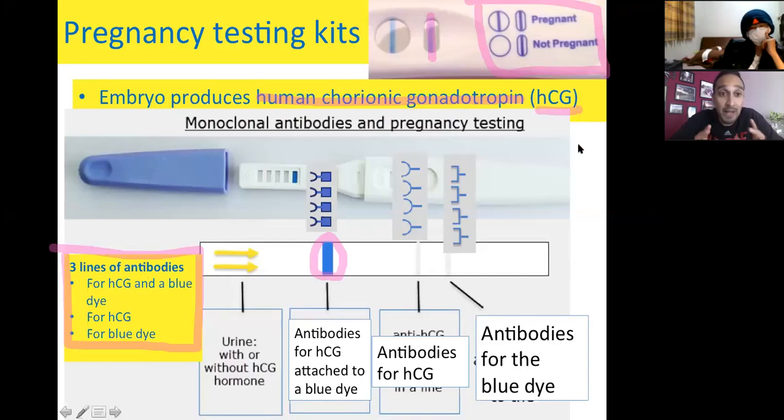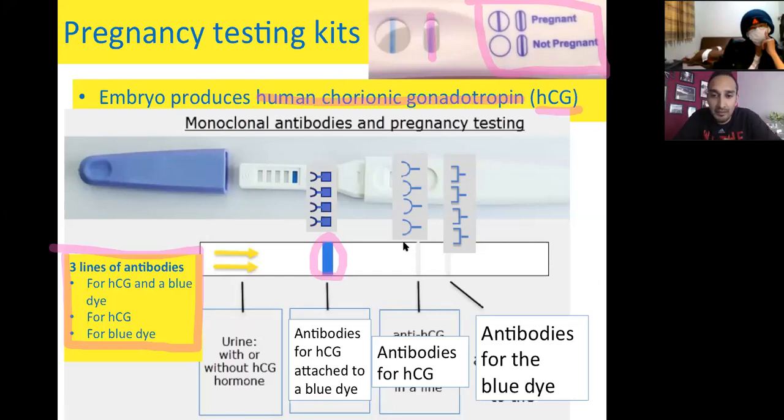It's been mass produced, just like before with the monoclonal antibody: inject the HCG, the antibody matches, make lots and lots of this. But it's been attached to this blue dye. So it's an HCG antibody attached to blue dye.